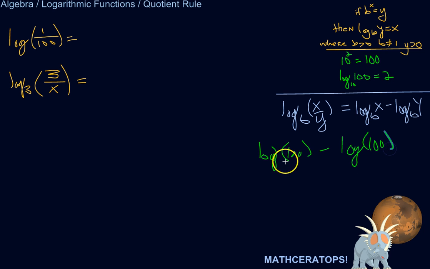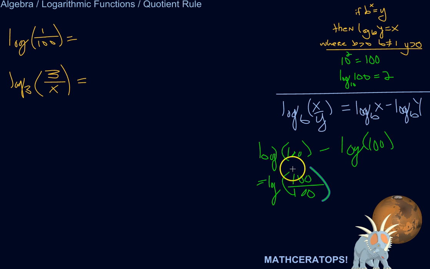If it's not stated, if you're not given the base, the assumption is that the base is 10, the common log. Okay, so for example, this rule is saying that log base 10 of 100 minus log same base 10 of 100 would be equivalent to log of 100 divided by 100, right?